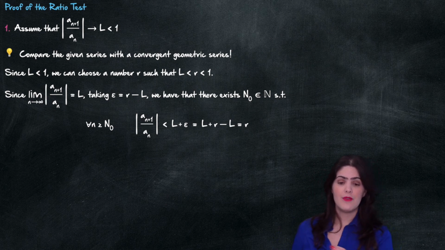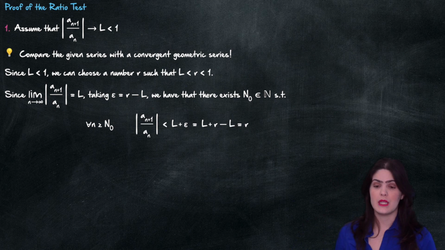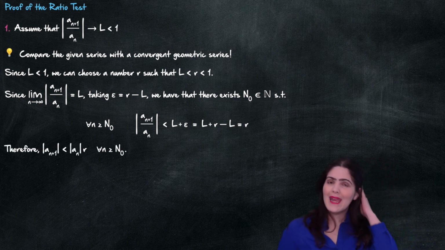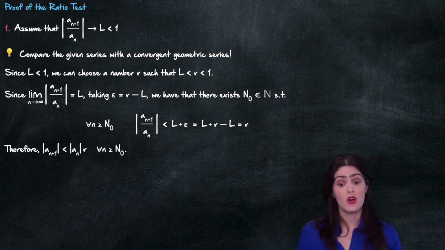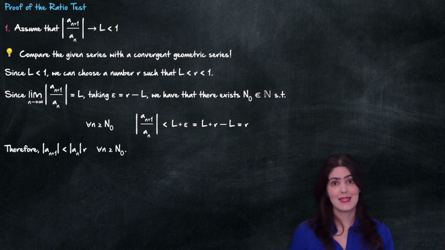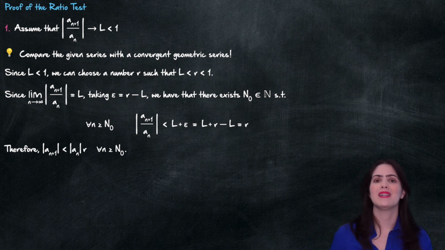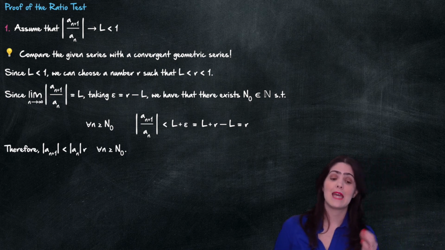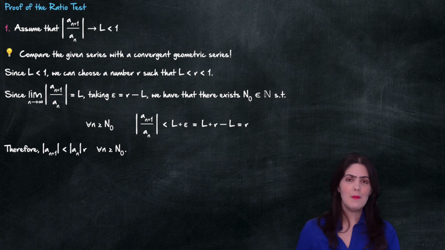So now if I look at this, I know that for any n greater than or equal to n naught, the absolute value of a_{n+1} is less than the absolute value of a_n times r. And now I'm going to use this.